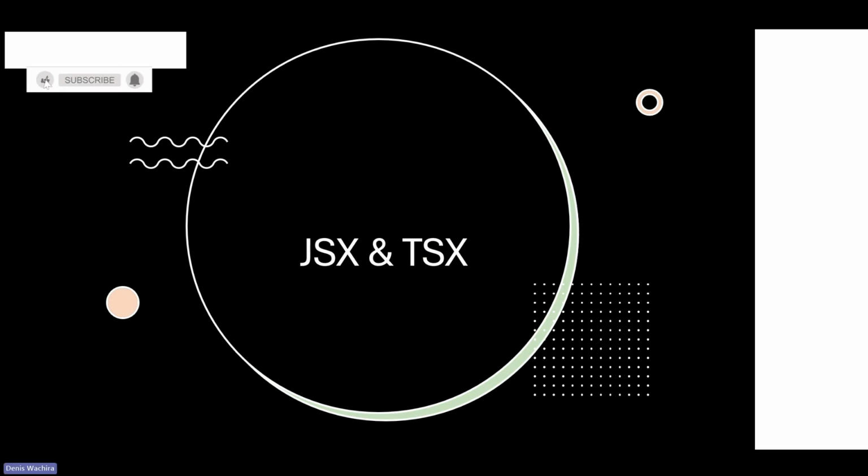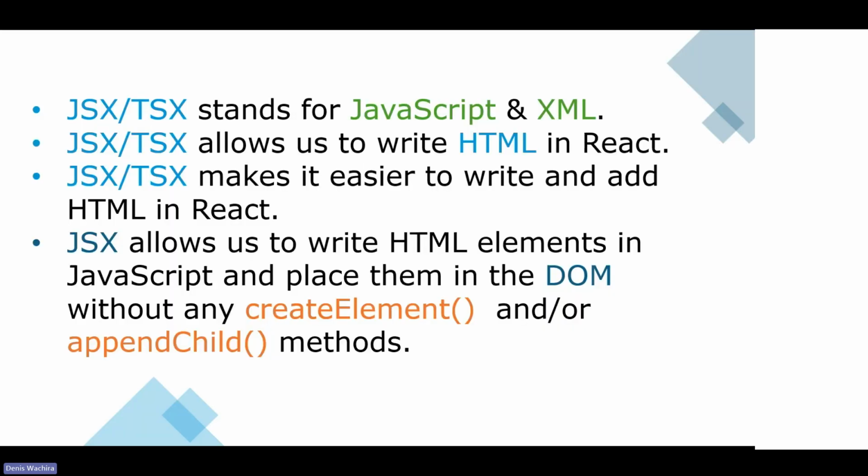We need to understand something we call JSX or TSX, which is now templating in React. JSX stands for JavaScript and XML. It allows you to write HTML in React, and it makes it easier to write and add some HTML in React.